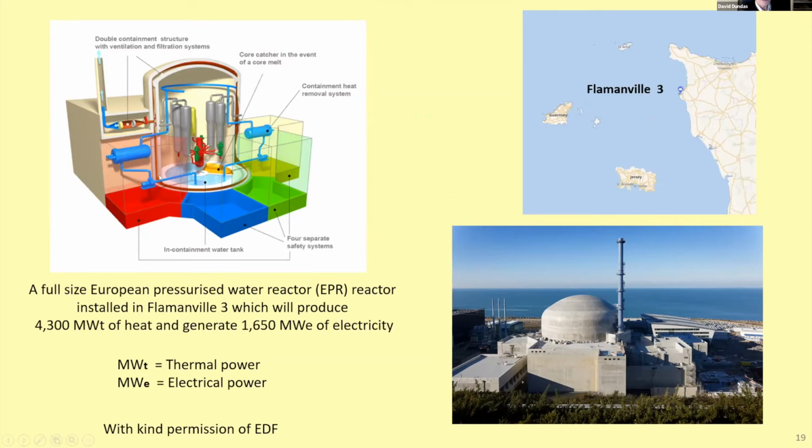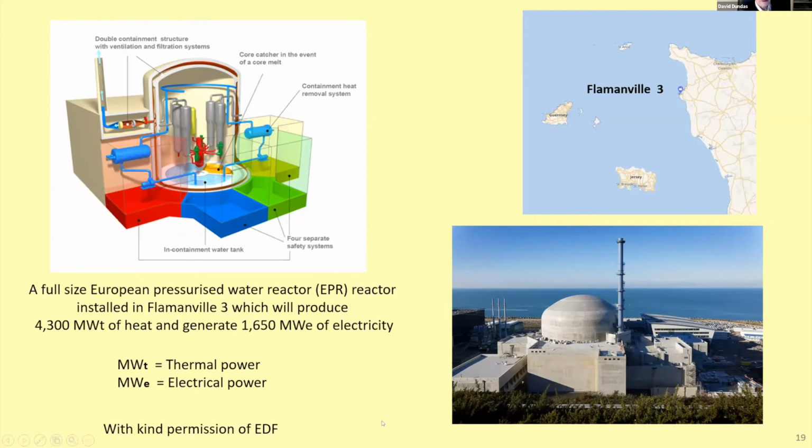As you can see, there's this very strong wall here. Between the inner and the outer, to make sure they've got no leaks of radioactivity and so on, they extract the air from there and it's filtered before going up the chimney. And the chimney is this one you can see on the right.